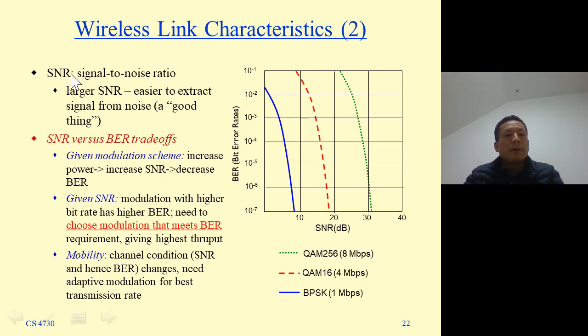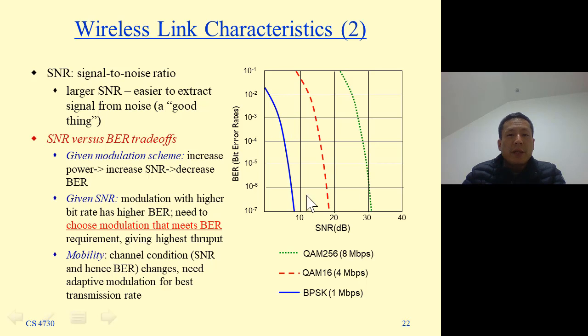So apparently, the larger SNR is, the better signal it is in the channel, right? We always want better SNR or larger SNR for good wireless communications. And also there is a trade-off between signal noise ratio and bit error rate, BER.